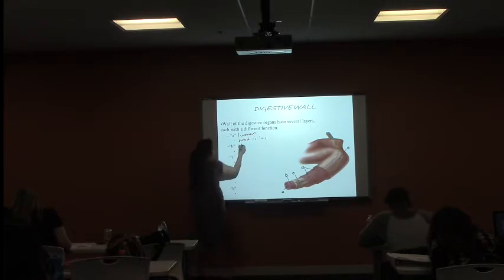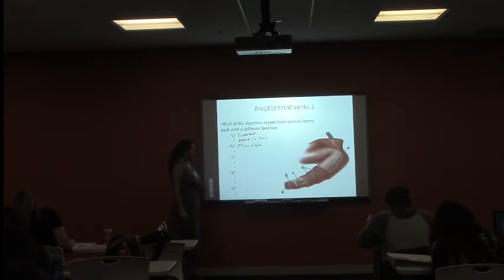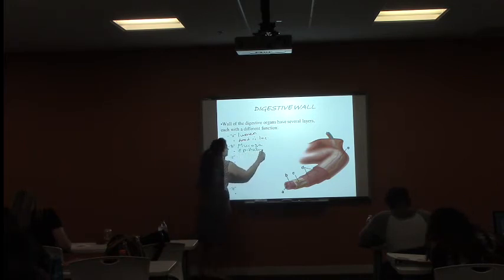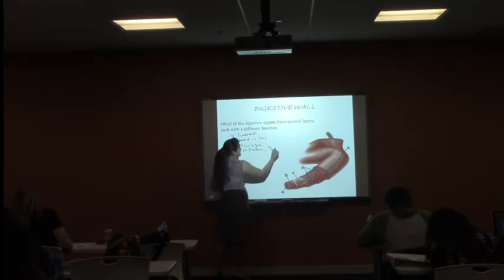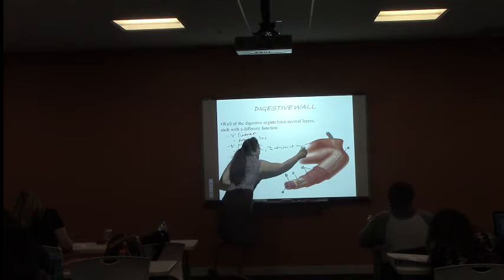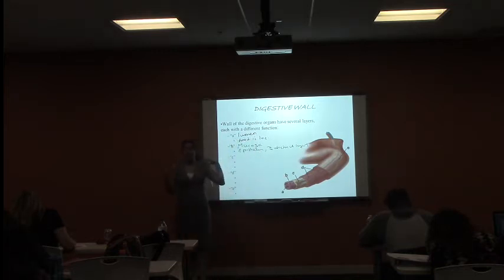B is a mucosa. It's made up of epithelium. It actually has 3 distinct layers. When you look at histology more deeply, the mucosa itself even has 3 distinct layers.